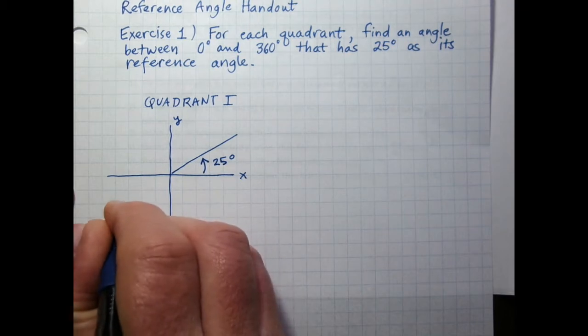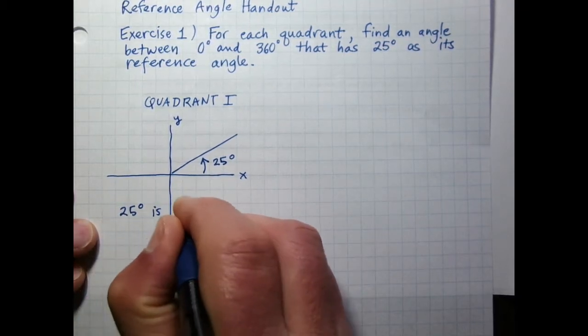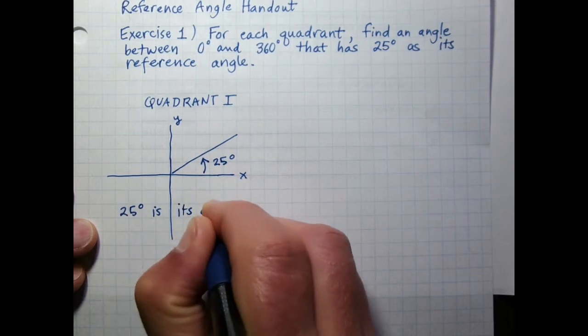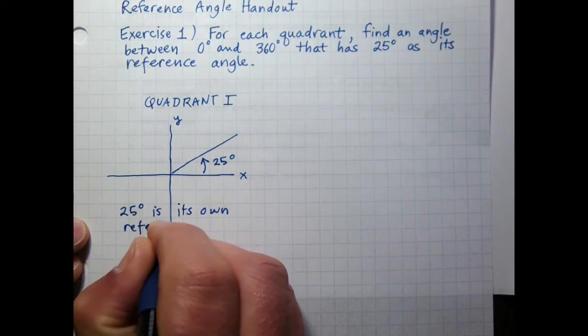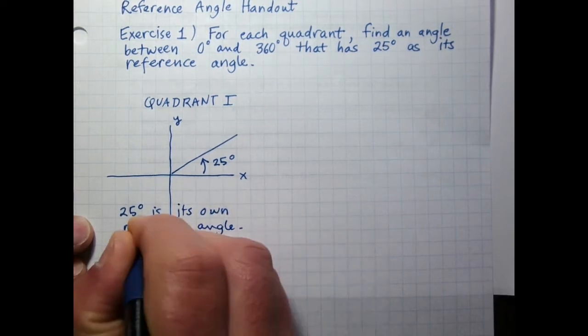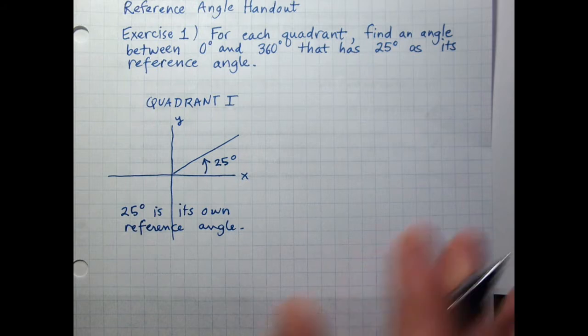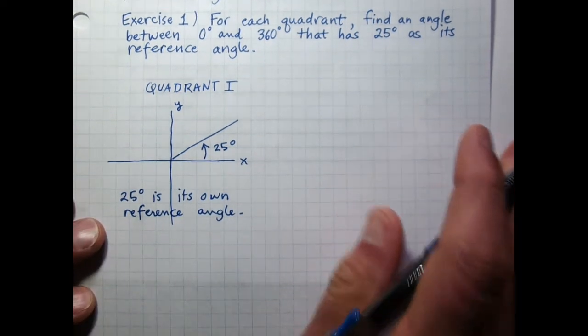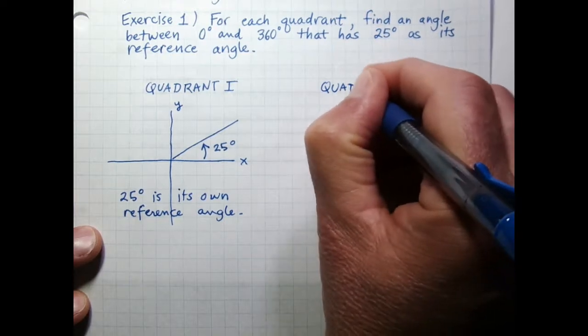And 25 degrees is its own reference angle. So there's not really much to say in quadrant 1 at all. Let's move right on to quadrant 2, where things get a little bit more interesting.